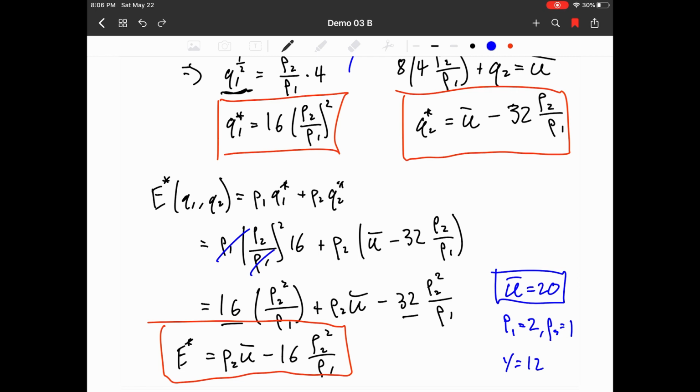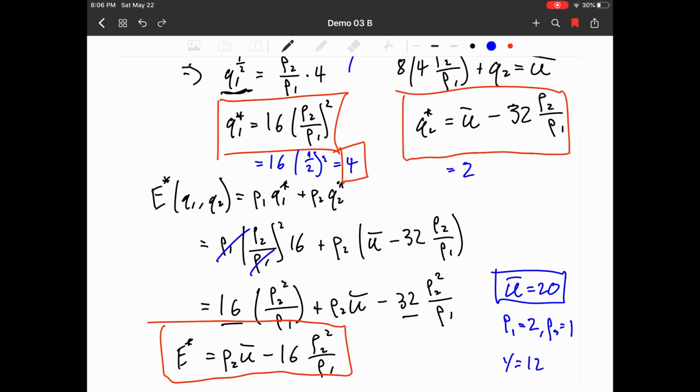Okay. So let's plug these values in to each of these quantities. So we have q1 is equal to 16 times 1 over 2 squared, which comes out to be 4, which is good. That's what we're looking for. Means we did our math correctly.